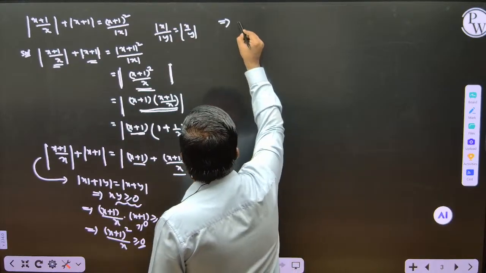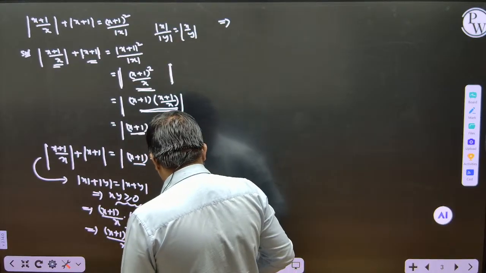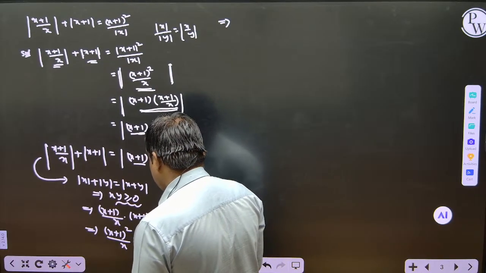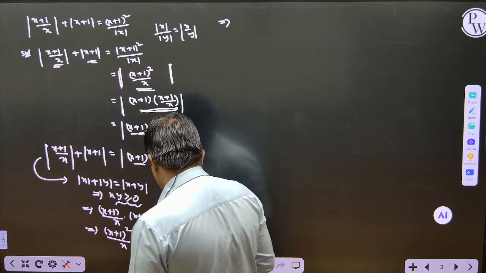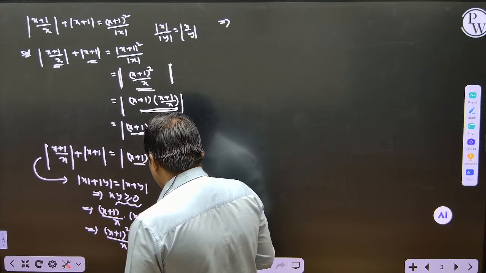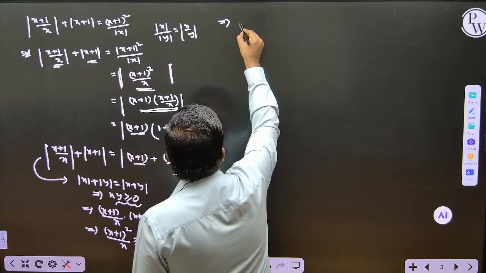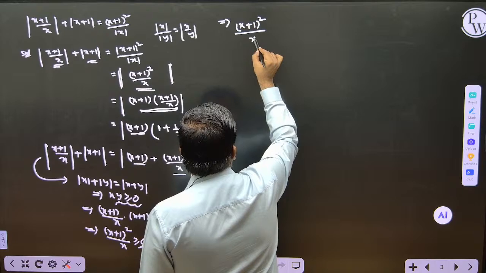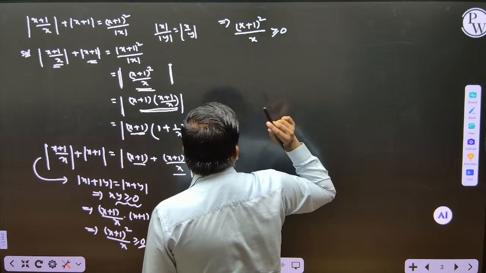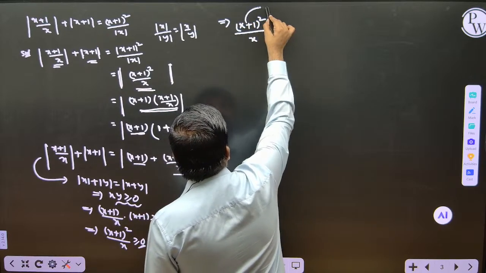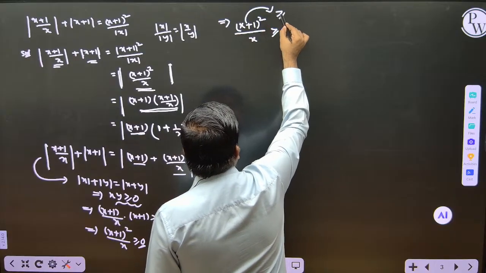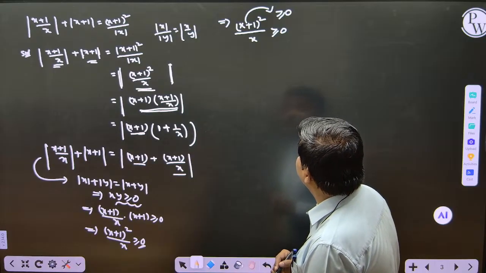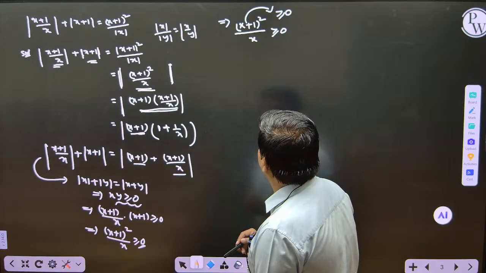So again I am writing here, (x plus 1) whole square by x greater than or equal to 0. This should be satisfied. But it is a square term, or not? A square term is always greater than or equal to 0. So that is not a problem.